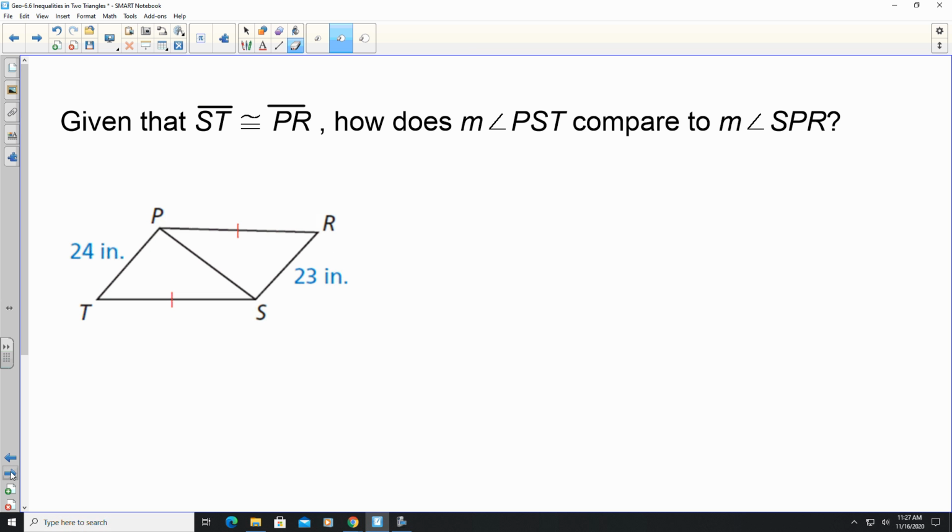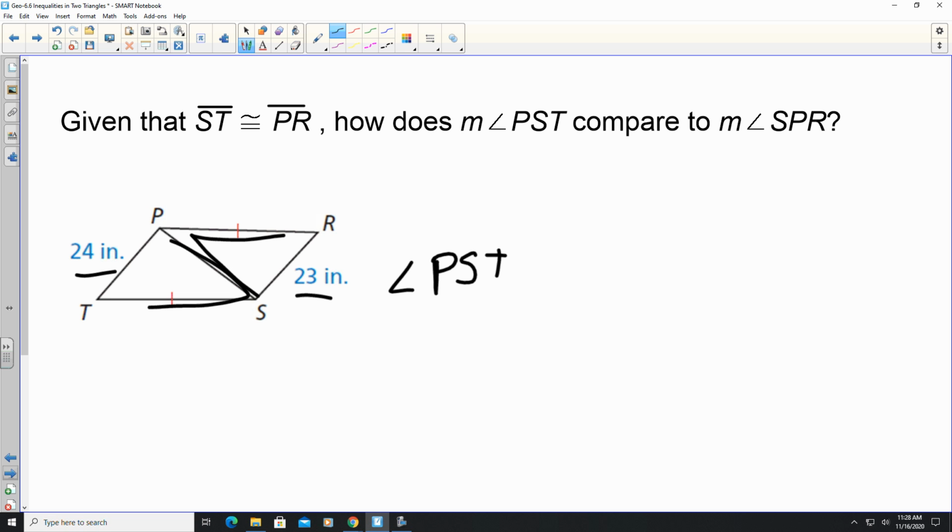So the question is how do we compare angle PST? So PST is right here, and SPR. So SPR is right there. So since 24 is larger than 23, what we can say is that the measurement of angle PST is actually going to be greater than the measurement of angle SPR.